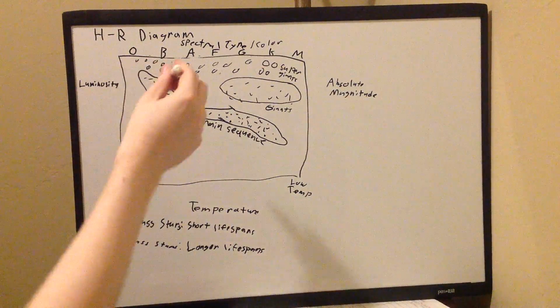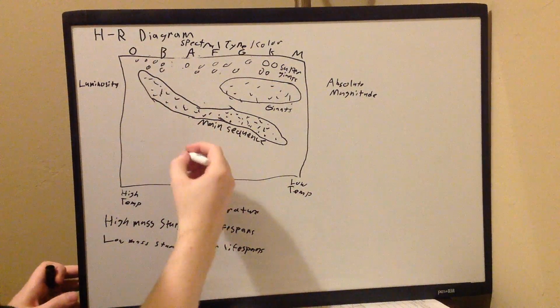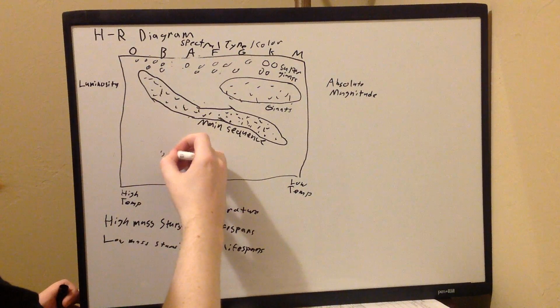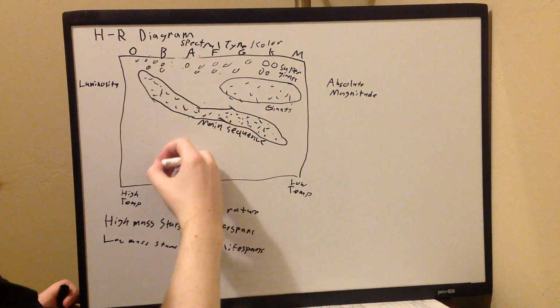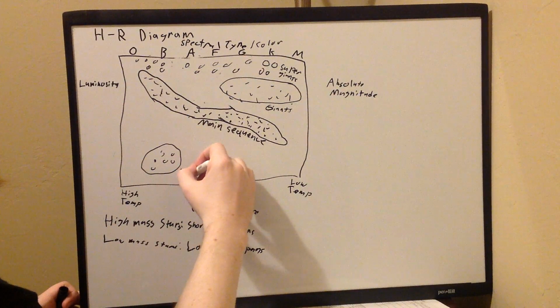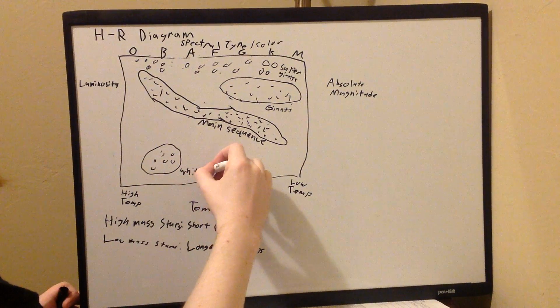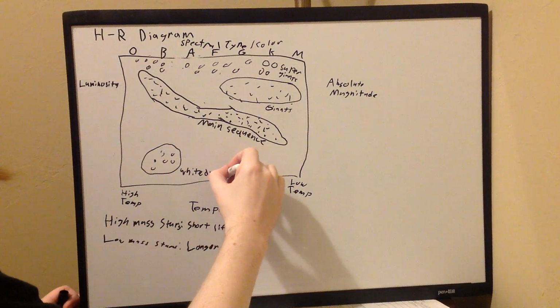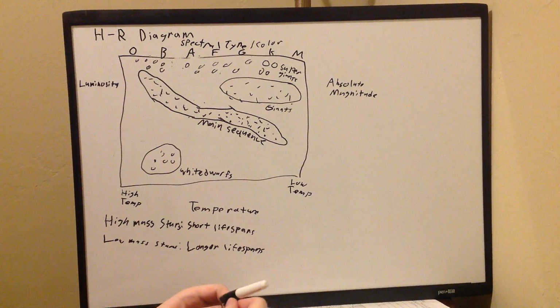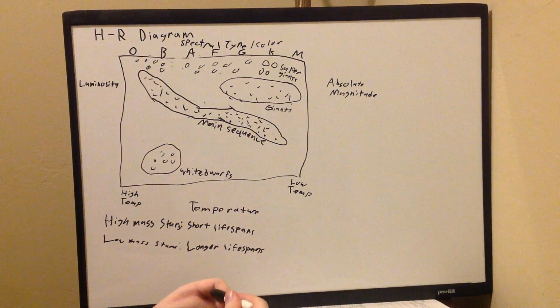And then down here, you have the white dwarfs. White dwarfs are a particular kind of star remnant. They're stars that have already died, and due to the mass that they were at, they became very compact objects called white dwarfs.